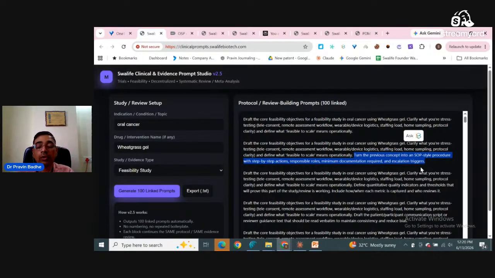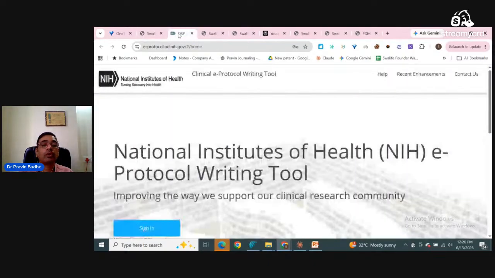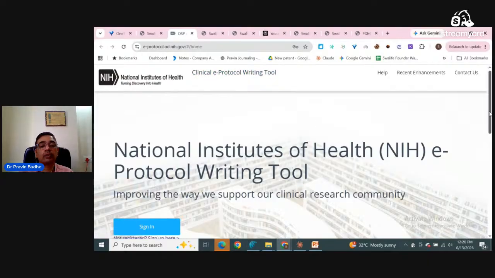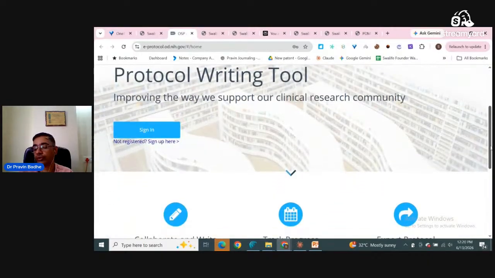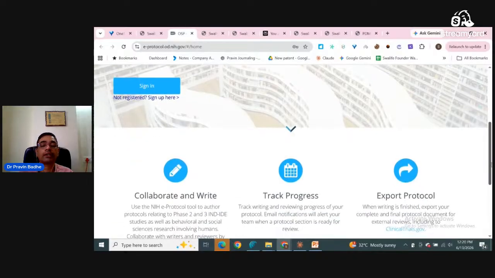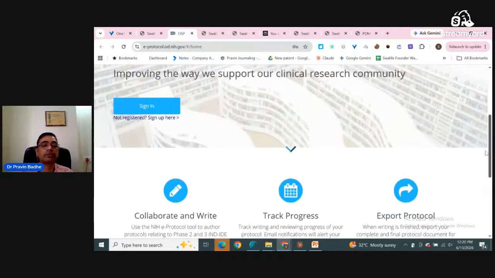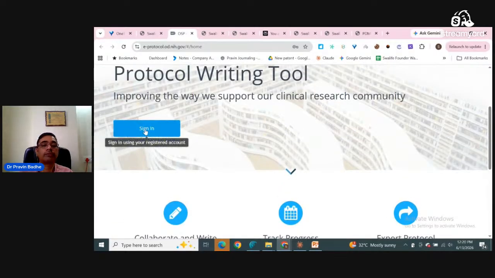Once you got all this information, what you will be doing next? You will be going on the e-protocol writing platform, which is there from National Institute of Health. It is for clinical e-protocol writing tool, which works for your team in collaboration. You can write. If you collaborate with us, we can write the protocols.